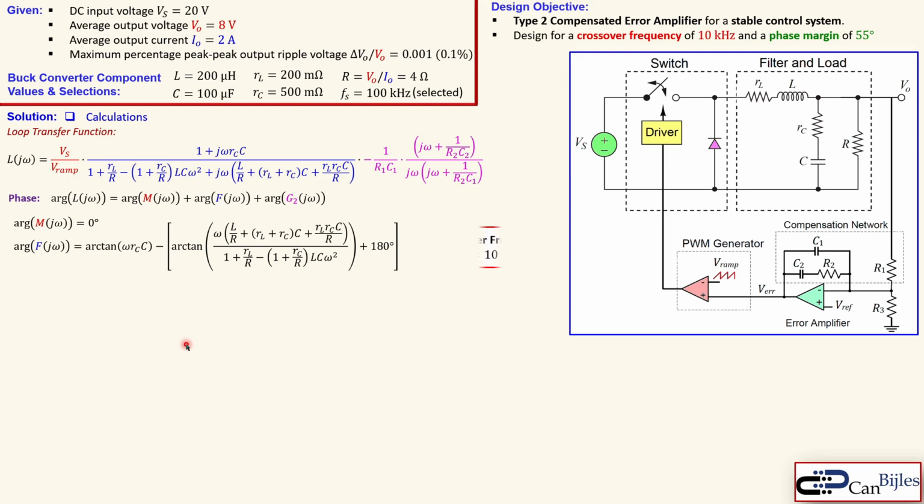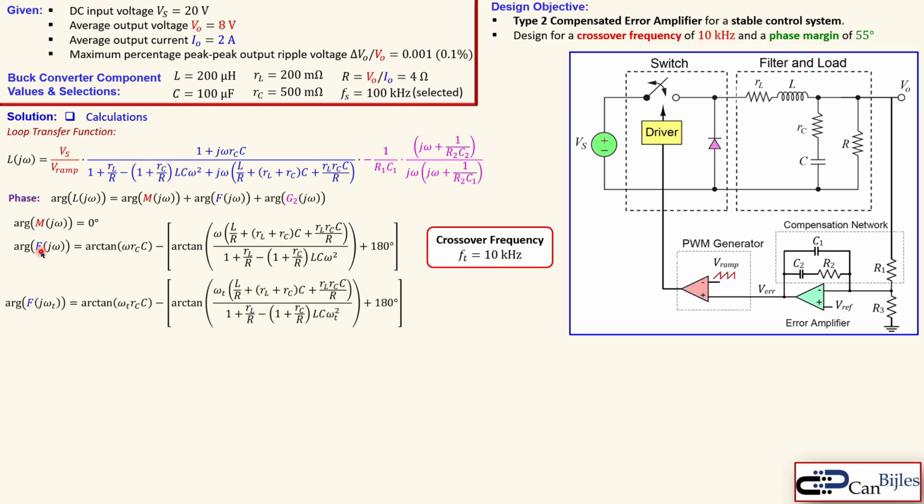This is another expression, and that will also be evaluated at the crossover frequency of 10 kilohertz. When you substitute in this formula 2 pi times 10 to the power 4, and also use the RC, RL, the capacitor, the resistors, etc., you end up with minus 103 degrees.